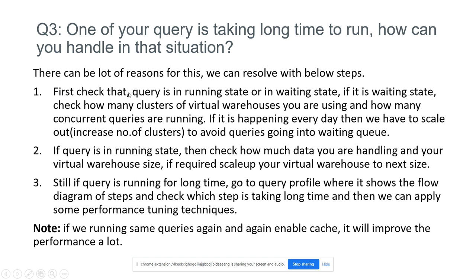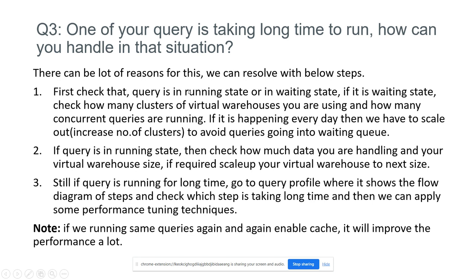First, we have to check whether the query is in running state or waiting state. If it is in waiting state, we have to check how many clusters of virtual warehouses we are using and how many concurrent queries are running. If it is happening every day, then definitely we have to scale out. That means we have to increase the number of clusters so that we can avoid queries going into the waiting queue.